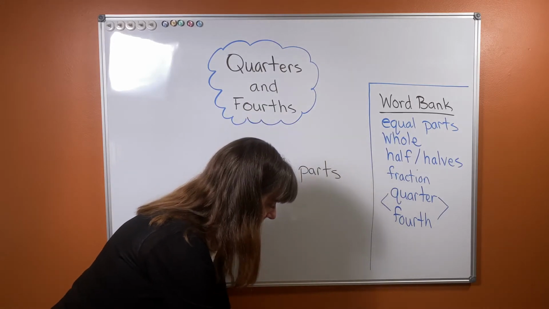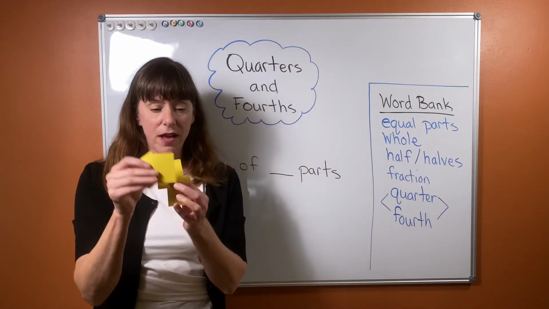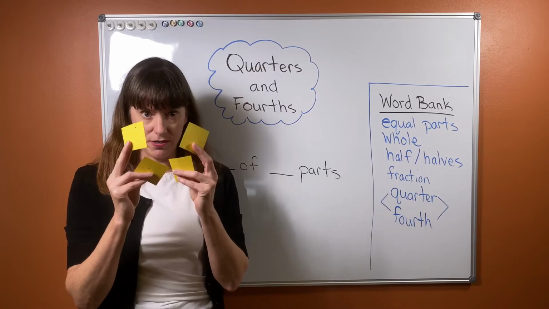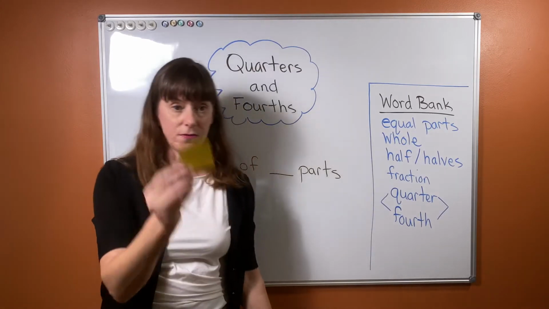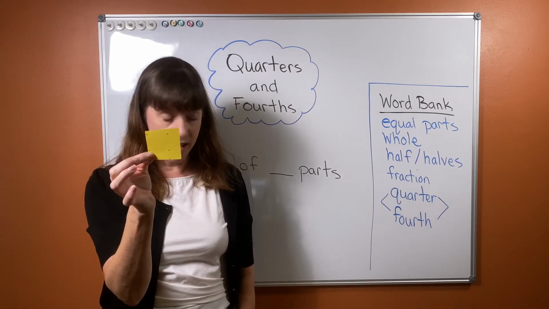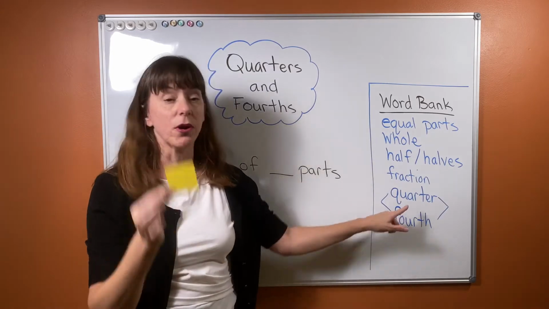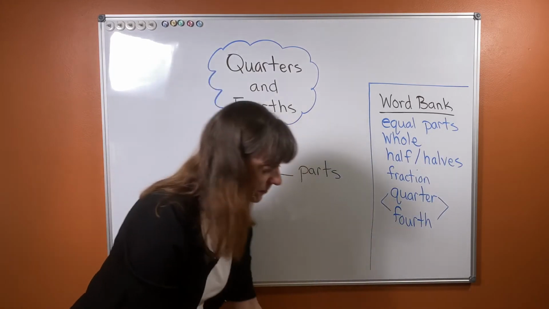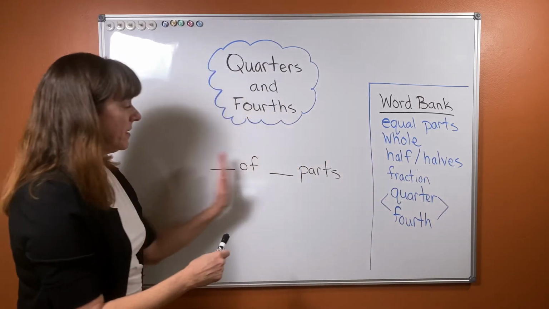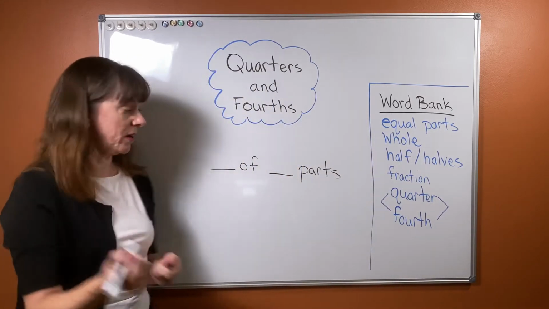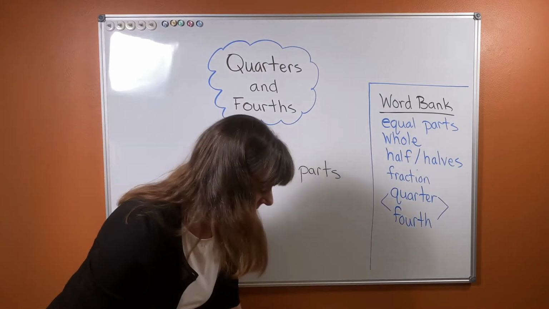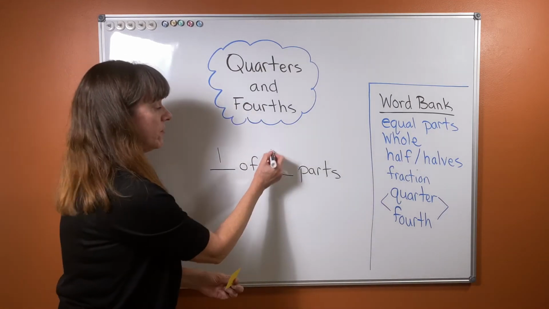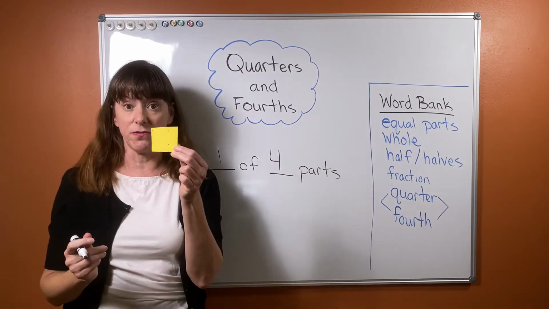So, we have fourths. We refer to one of those parts as a fourth or a quarter. So I could say this is a fourth or a quarter of the whole. Going back into what we did before, one of those 4 equal parts is a fourth.